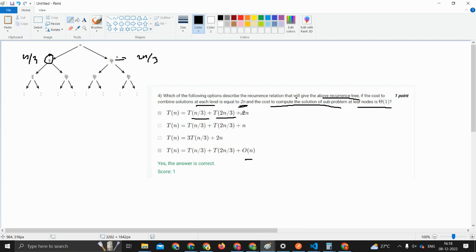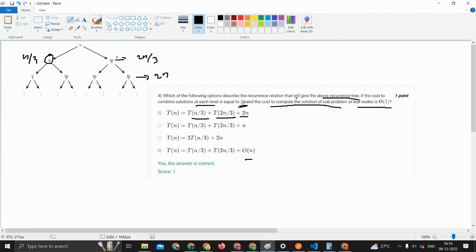So what this 2n means is the cost to combine the solution at each level. So at this level, the cost to compute is 2n. I mean the total thing, right, Uma? But it is not 2n, no? It is not the same at each level. It says each level.